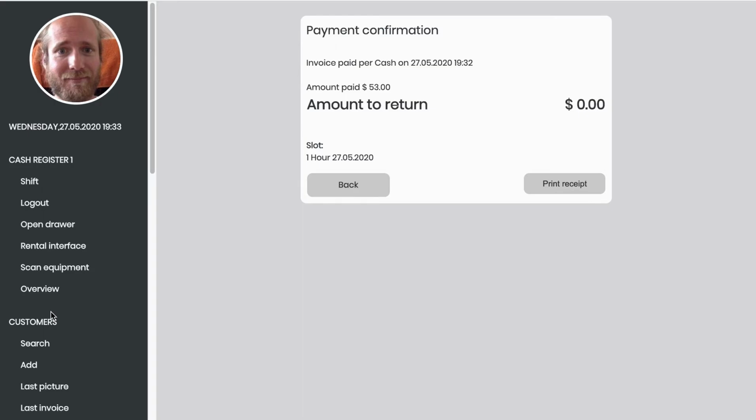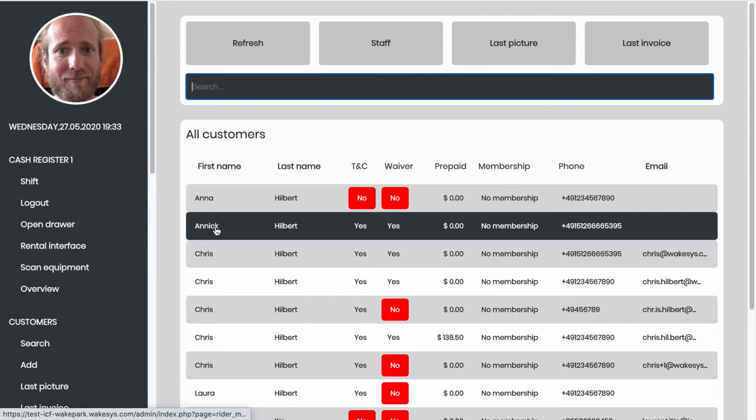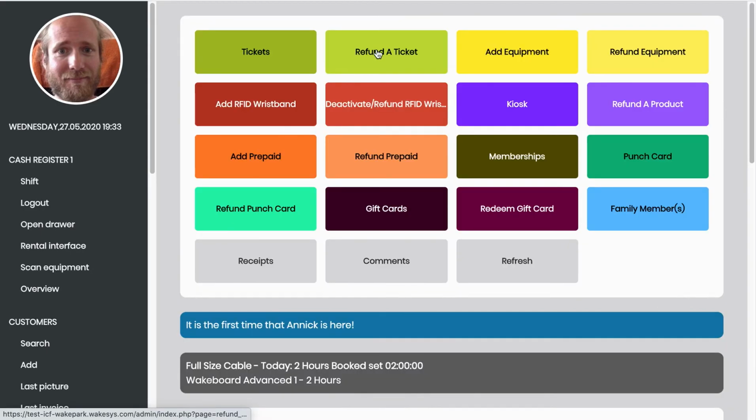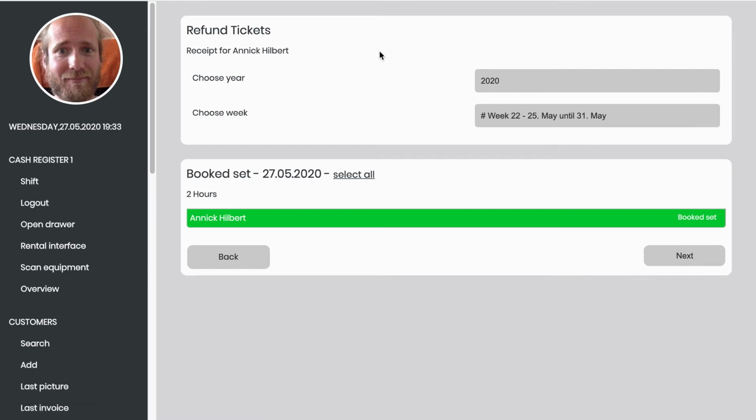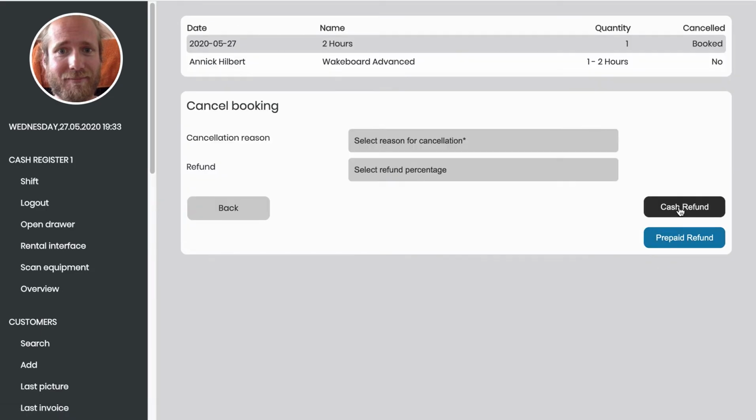You want to do exactly the same thing when you have to cancel for the whole family. So you want to go first to the daughter, then refund the ticket, pay that out in cash refund, because that was the payment method that you just chose.